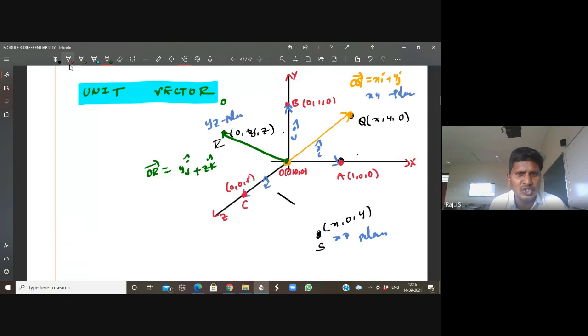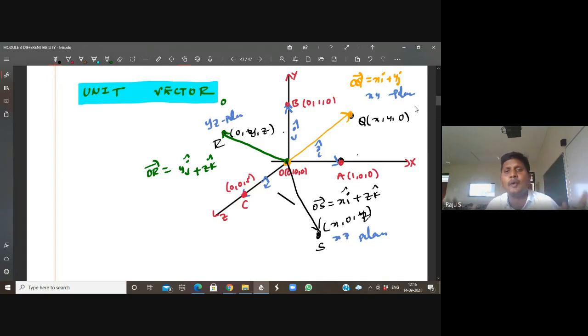This is the position vector of the point R. In the same way, the position vector of the point S is given by OS vector, where the starting point is the origin and the ending point is S, so xi plus zk. So these are the vectors on the xy plane, yz plane and zx plane.